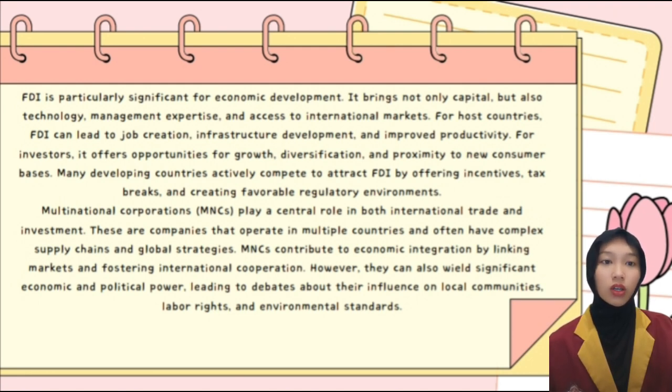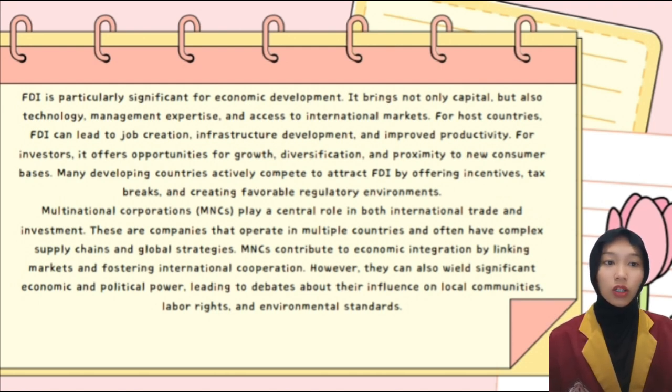International investment, on the other hand, involves the movement of capital across borders for the purpose of earning returns. It can take the form of foreign direct investment, or FDI, or portfolio investment.